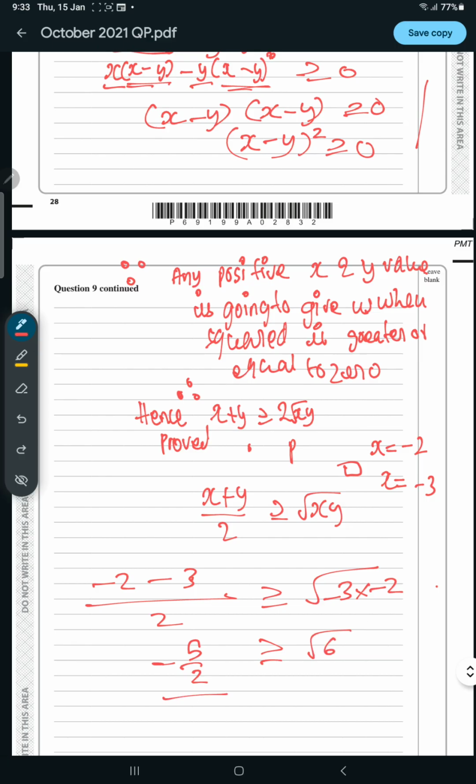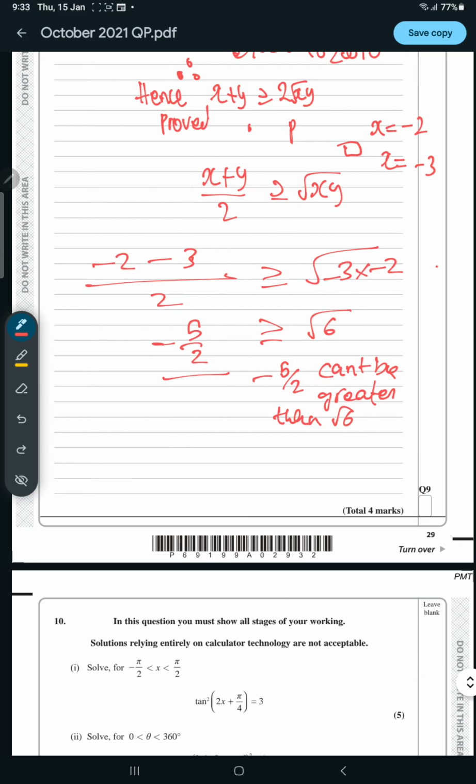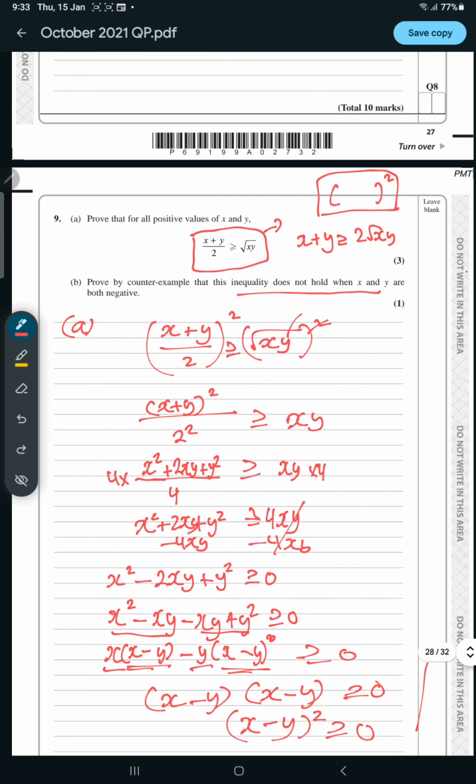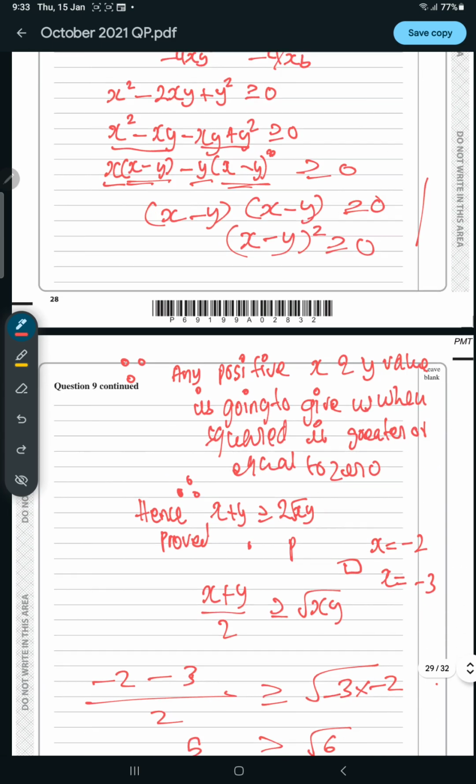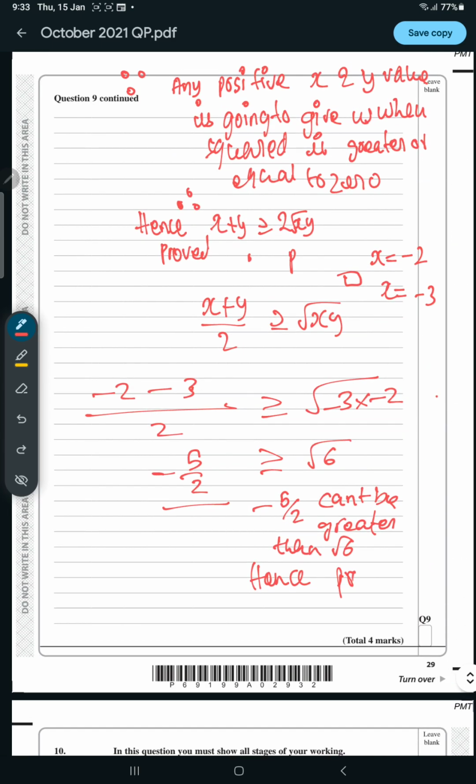So clearly minus 5 over 2 cannot be greater than root 6. Hence disproved by a counterexample.